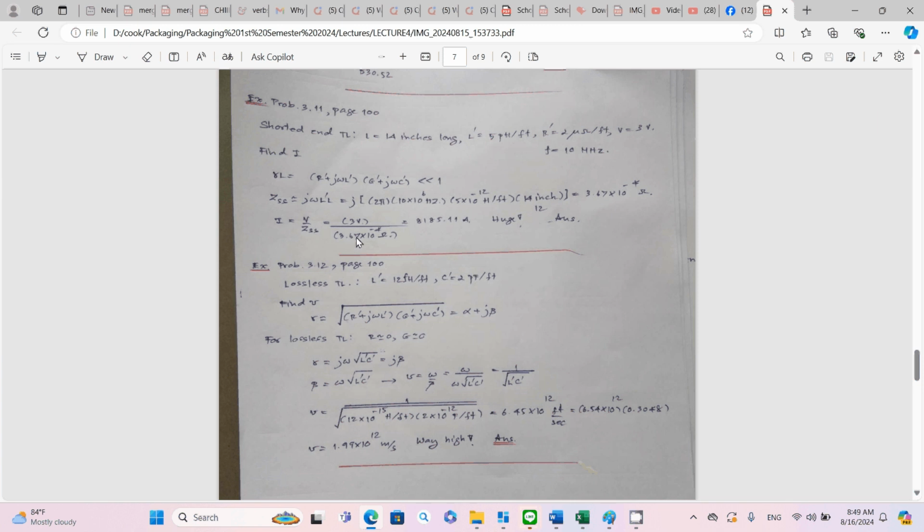Okay, this is just straightforward. So you end up with the current: you divide the voltage source, 3 volts, by the input impedance, that's 3.67 times 10 to the negative 4th ohms.